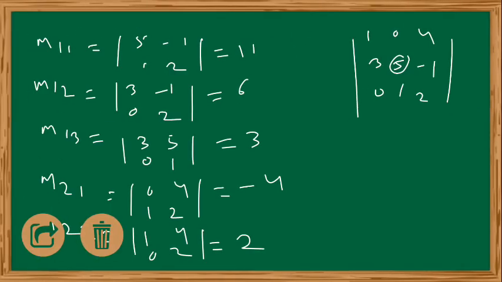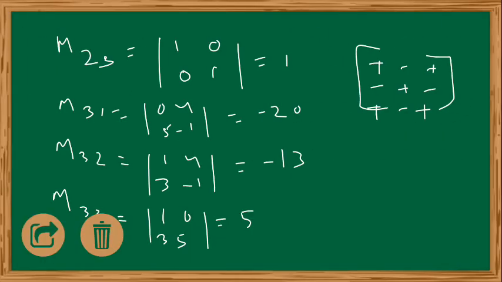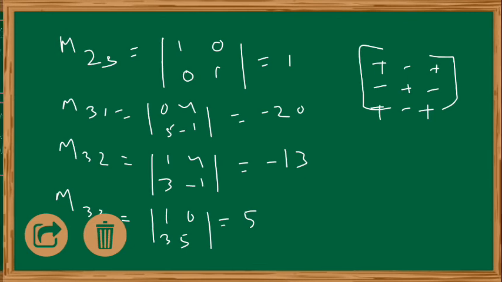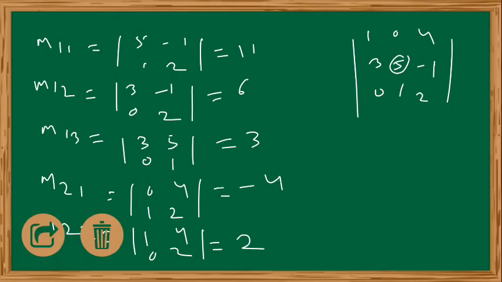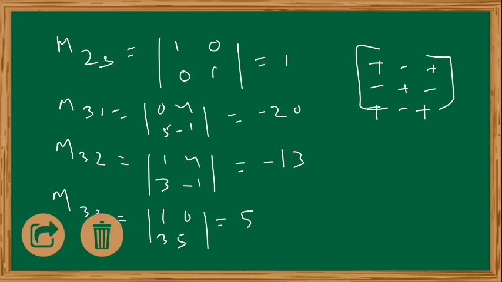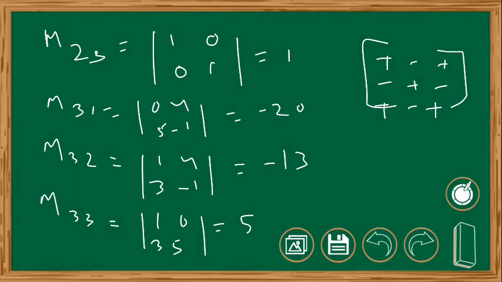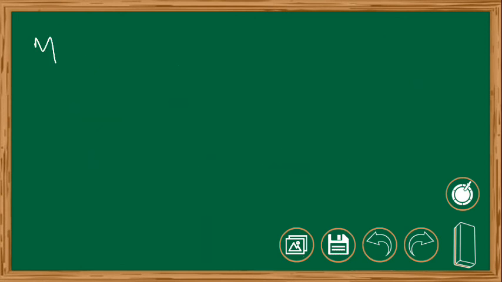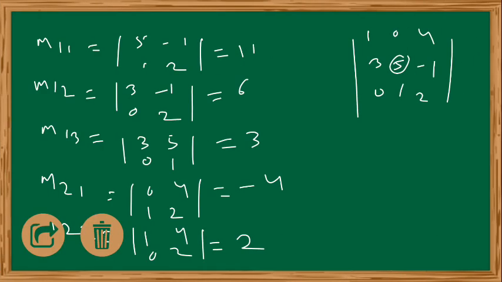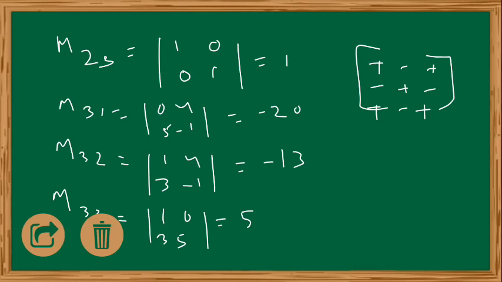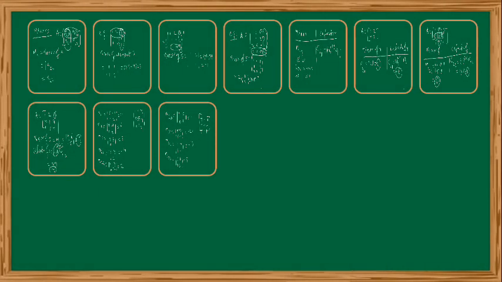So let me take one by one. The first row of minors is 11, 6, 3. Then the elements of the second row are minus 4, 2 and 1.